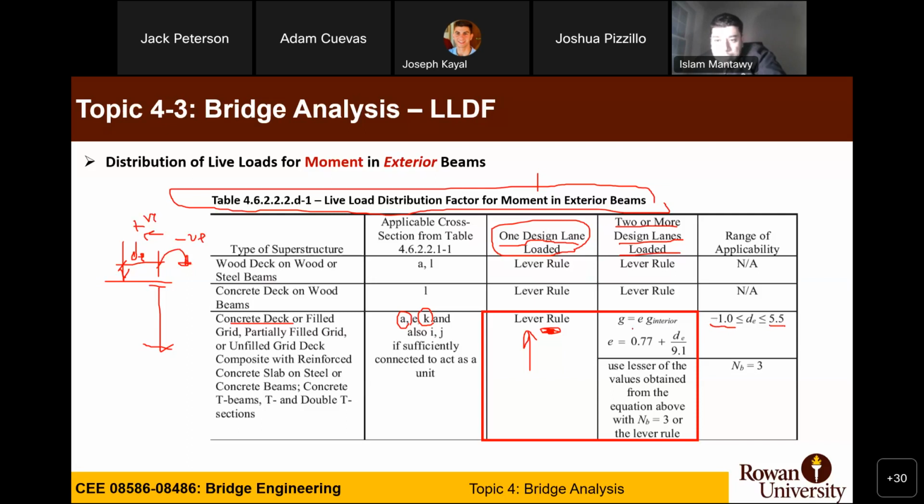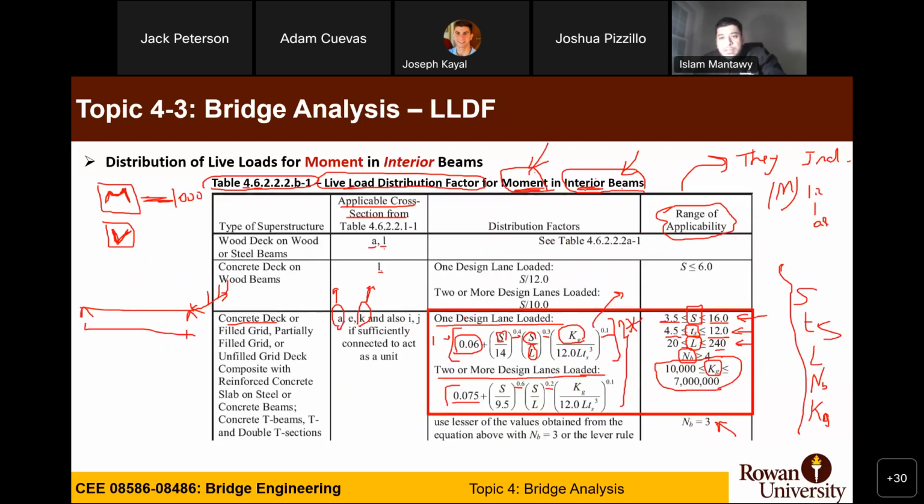Can you guess what is E times G interior? Joe. Yeah. So G is the distribution factor, the live load distribution factor, okay? Correct? Yeah. So is there like a value for G? So the G interior is the one that you have from the previous table, this one.